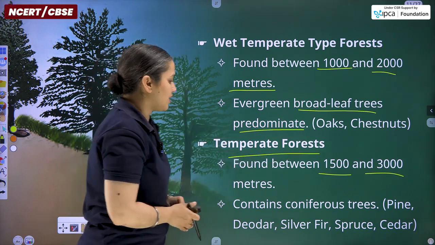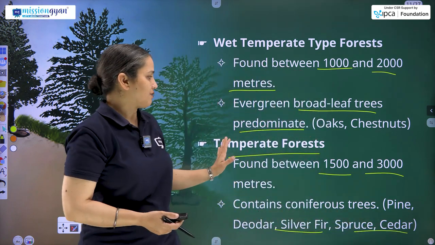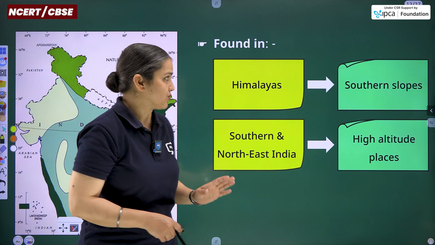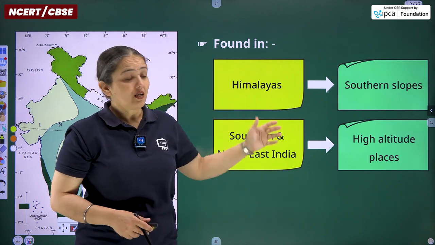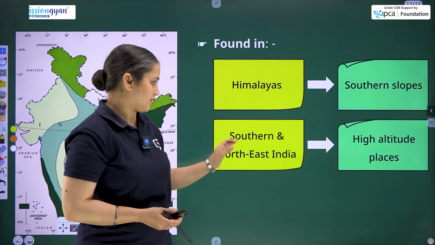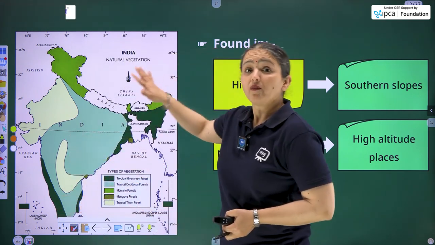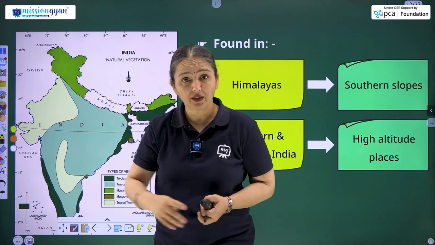So pine, deodar, silver fir, spruce, cedar are the trees found in temperate forest regions. Found in the Himalayas and southern and northeast parts of India.